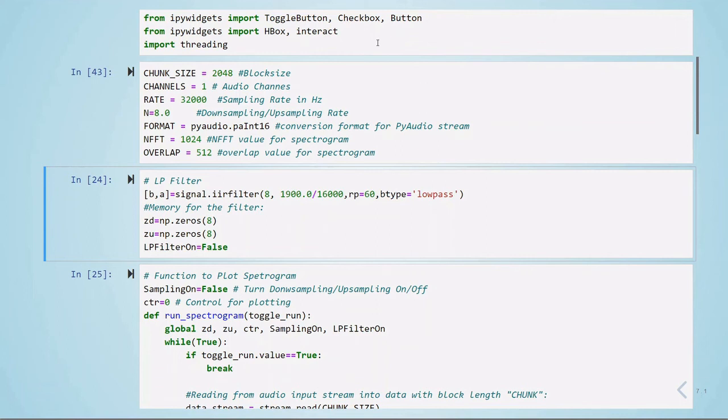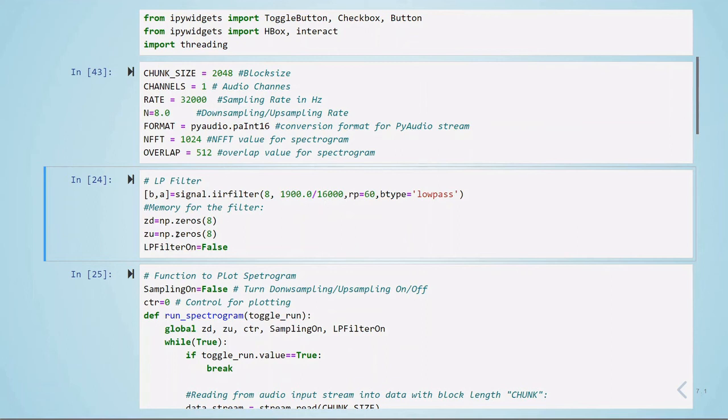So we are using a filter with the cutoff frequency of approximately 2 divided by the Nyquist. This is what we have here, and I'm just putting 100 Hertz for margin. This is the ripple, 60 dB, and we're having a low pass filter.